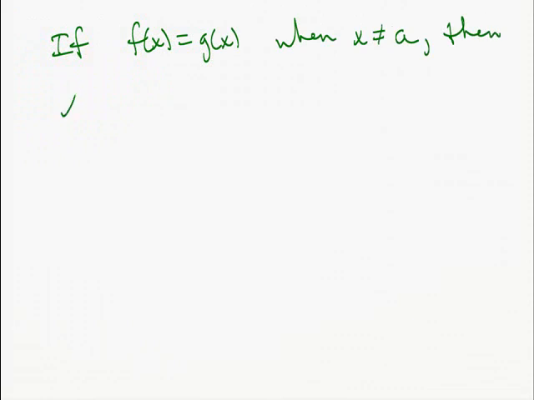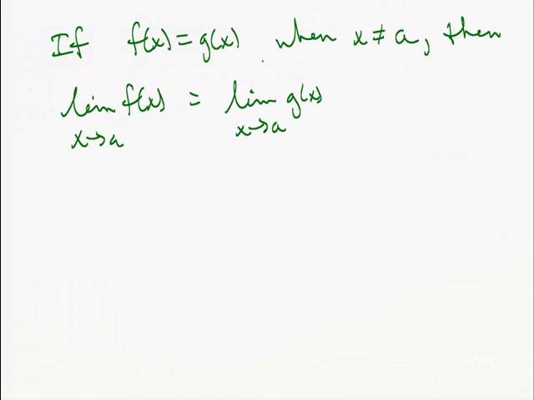And it says that if we have a function f of x and it's equal to g of x for all values, at least when x is not equal to a, then the limits are going to be the same. The limit of f of x as x approaches a is going to equal the limit of g of x as x approaches a.